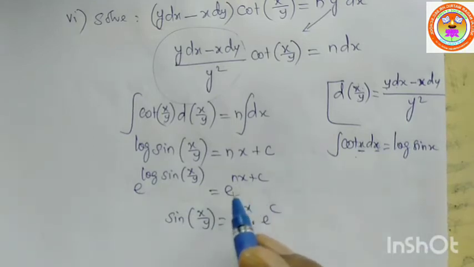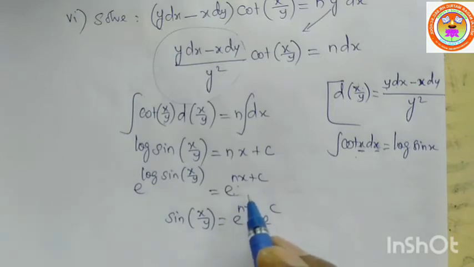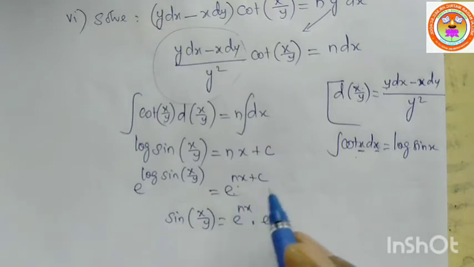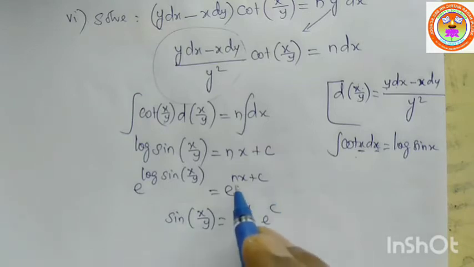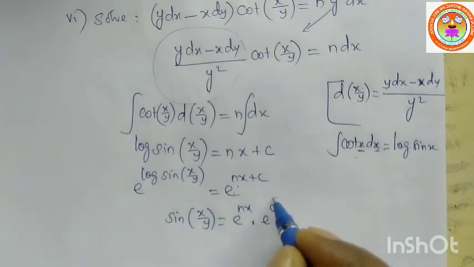A power m plus n can be written as a power m into a power n. So e power nx plus c can be written as e power nx into e power c. c is one constant, so e power c is also a constant.